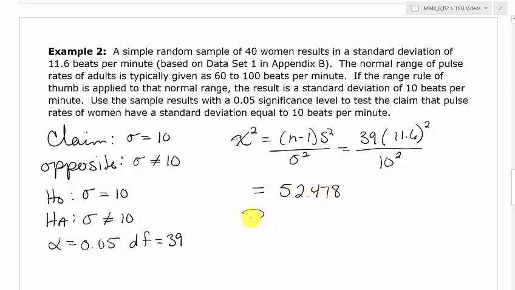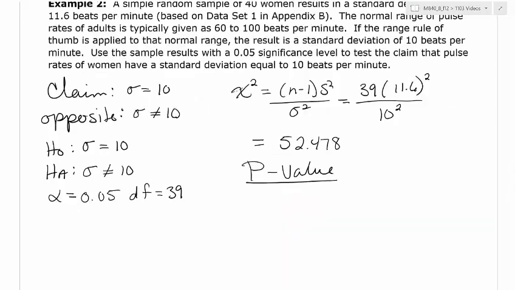If you want to use your calculator to find a p-value, here we have a two-tailed test, and so we have to remember to multiply whatever we get in our calculator by 2. And for this, you're going to want to enter in 52.478, and then 9,999 and 39 for your degrees of freedom.